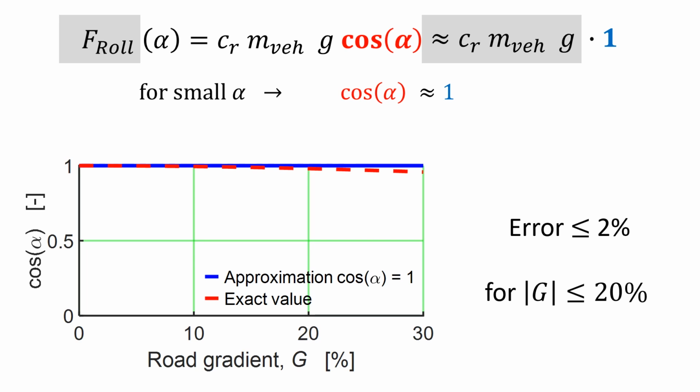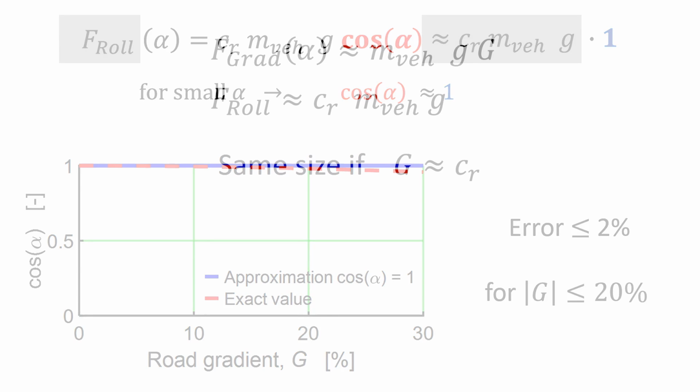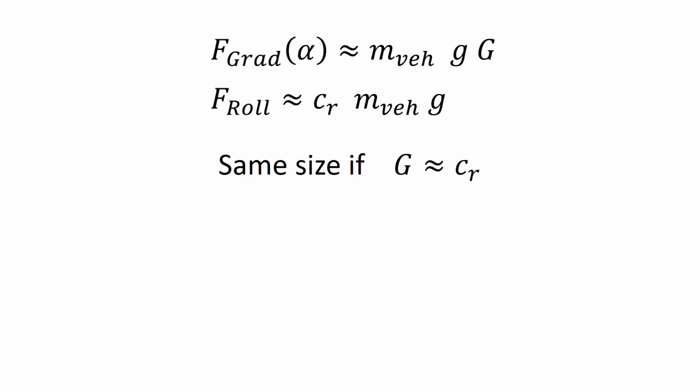The error of setting cosine alpha to 1 for different road gradients can be seen in this plot. It can be shown that the error is less than or equal to 2% for road gradients up to 20%. The simplified expression for rolling resistance also shows similarities with the simplified gradient force expression. This can be used to draw another parallel, which is useful when understanding what effect the rolling resistance has.